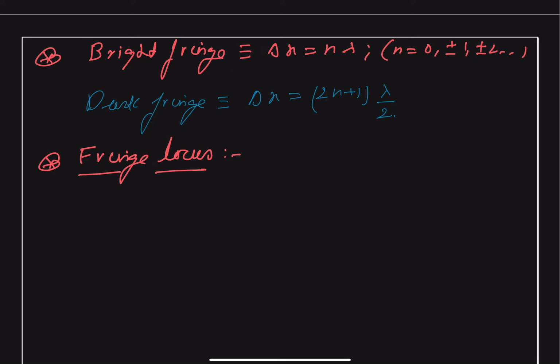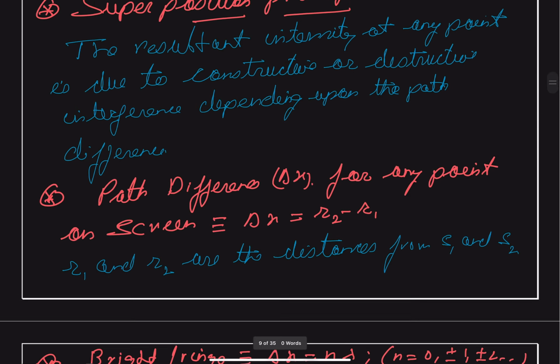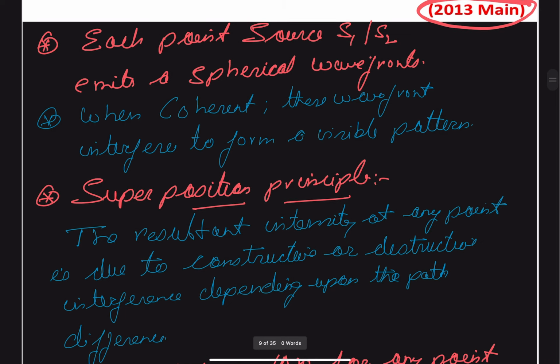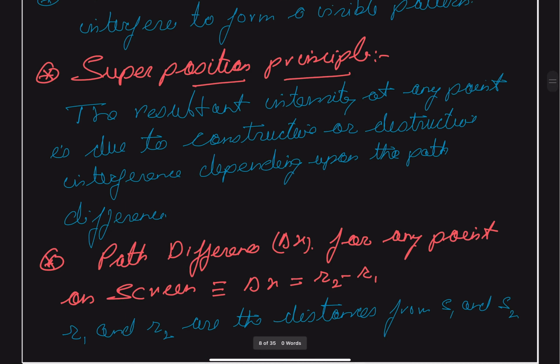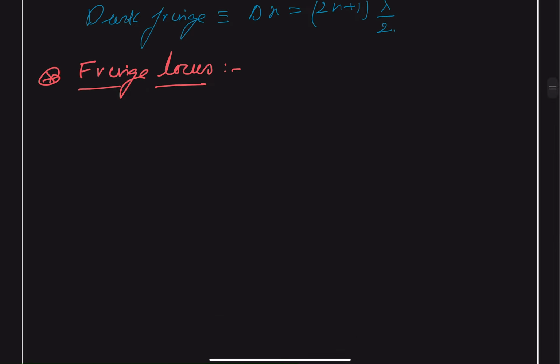The points which have the same path difference are going to lie on a circle, because R2 minus R1 will be a constant. Like I said at the start, each point will be generating spherical wavefronts. So if the path difference is the same, then the locus will lie on a circle.